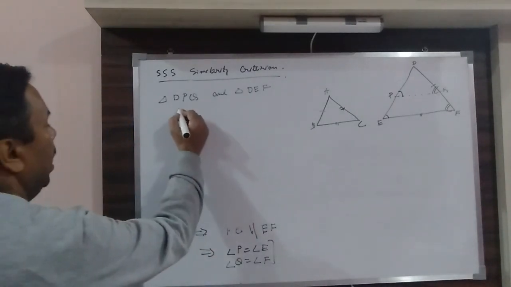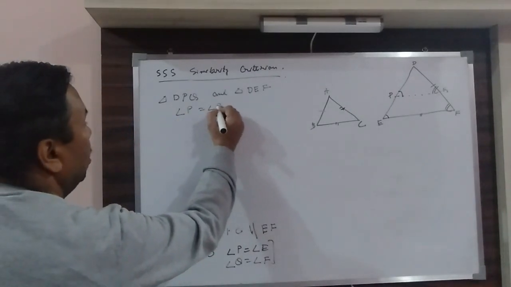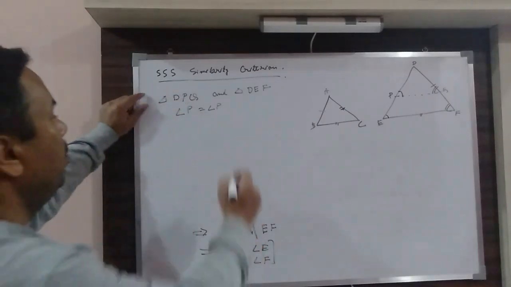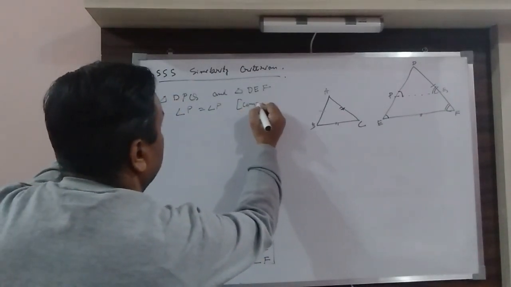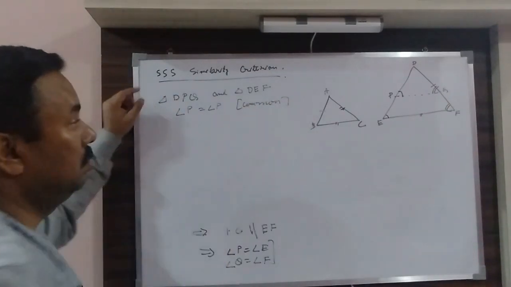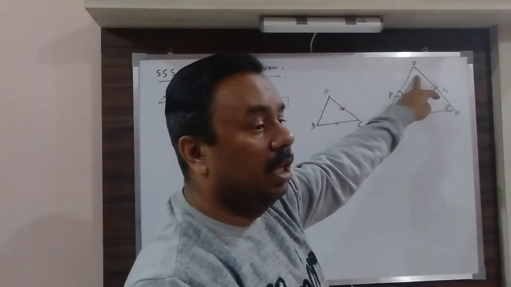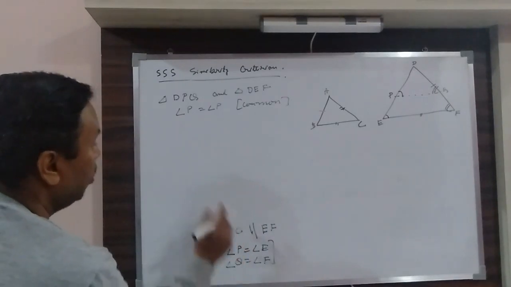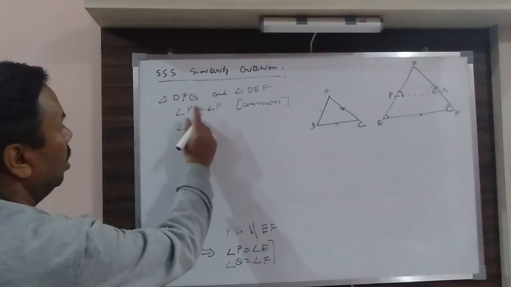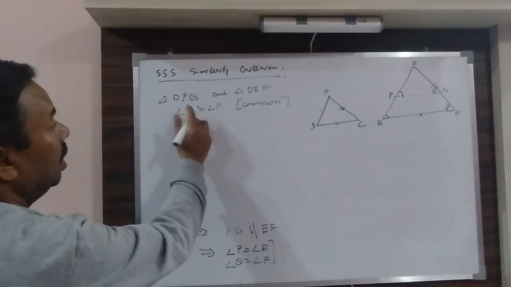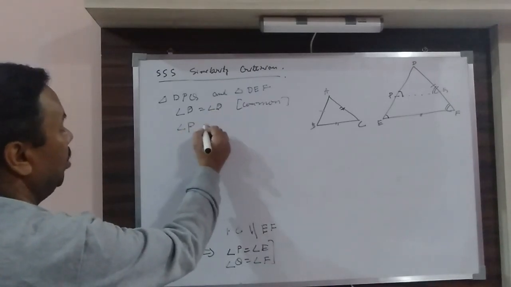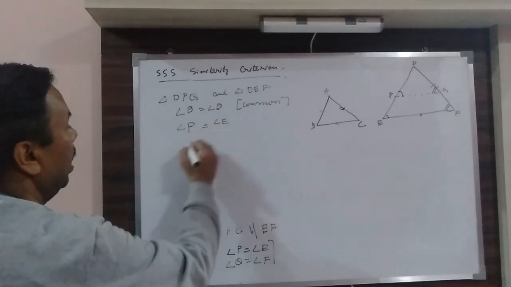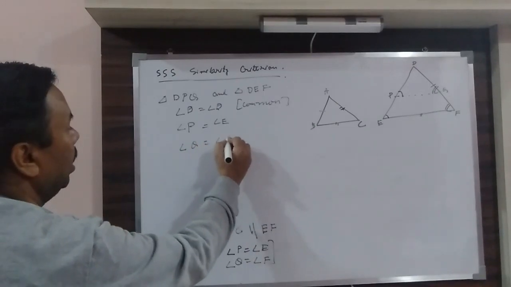You can see that angle D is equal to angle D. Why? Because it is the common angle. Other things I have already proved: angle P is equal to angle E and angle Q is equal to angle F.